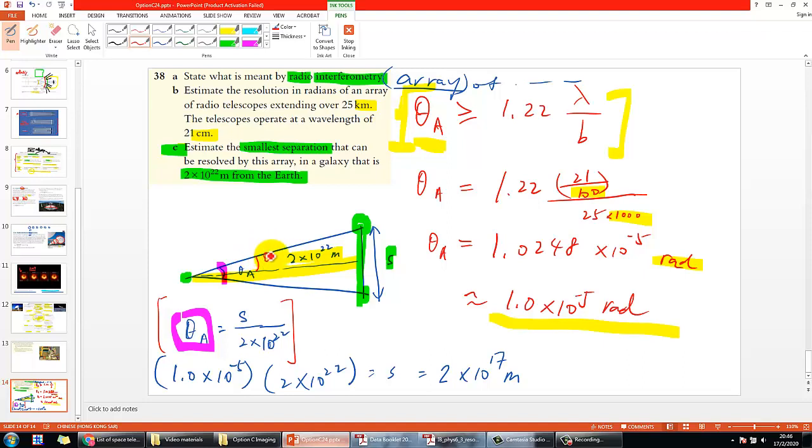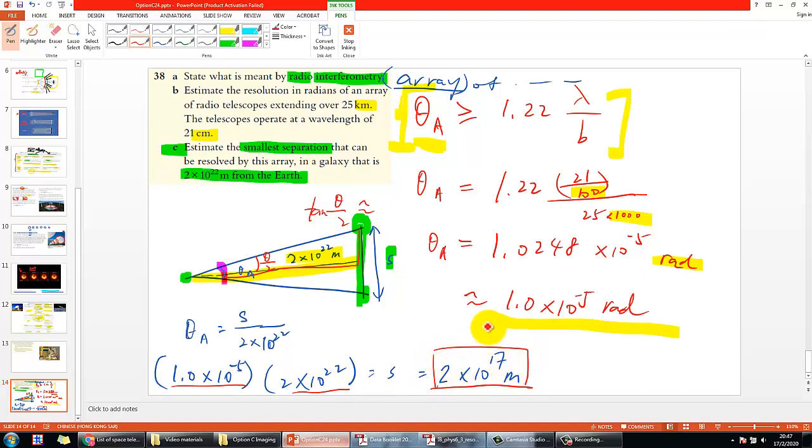We can try to use theta divided by 2 and then use tangent of theta over 2 and the small angle approximation, and at the end of the day you would have the same equation as this one here. Okay, and then you can proceed, just simple algebra. You find out S will be that much. Okay, so that will simply be the answer. And that's all for this C2 for option C.